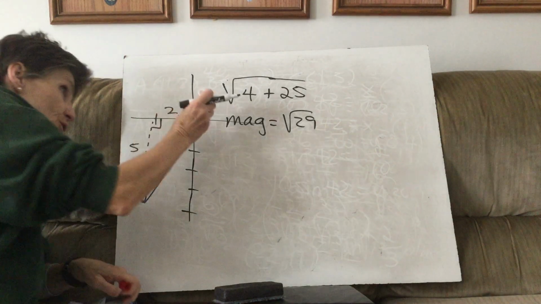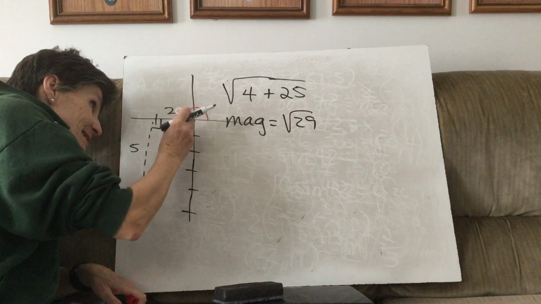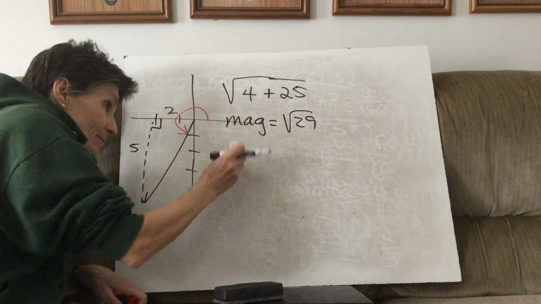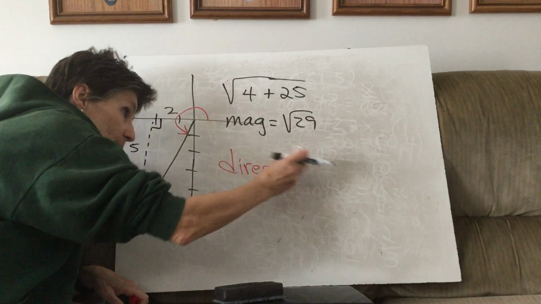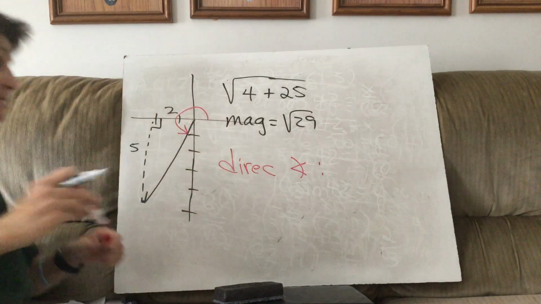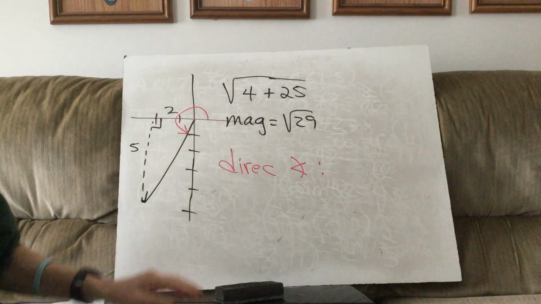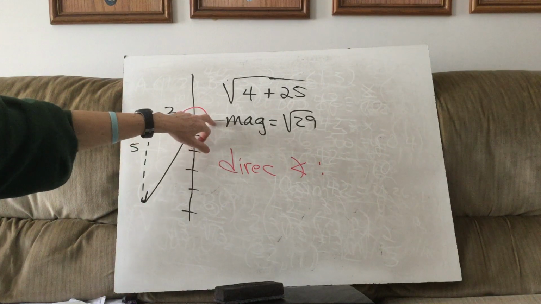Now, the direction angle is this. The direction angle is that red. Remember, we always start measuring on the positive x-axis.